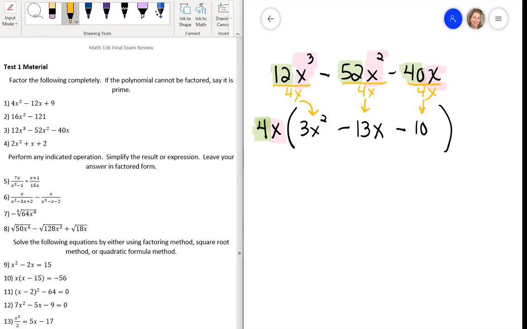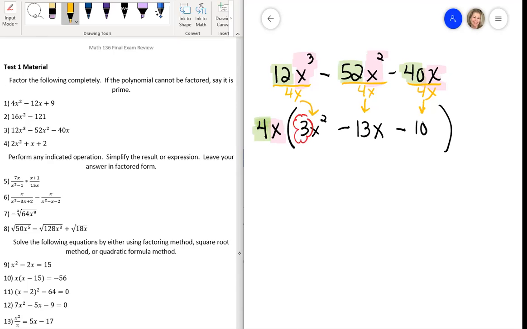But now I've got this 3x squared minus 13x minus 10, and I have to try to factor that. That is one of those trinomials that's the most difficult to factor because it has a coefficient on the x squared. If it was just an x squared, I'd just unfoil it, x and x, but it's a 3x squared. You can try trial and error if you want, but I like to use the AC method.